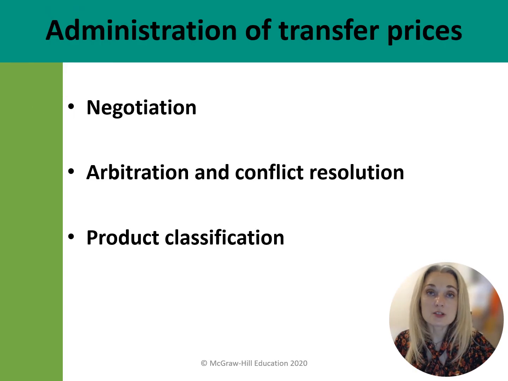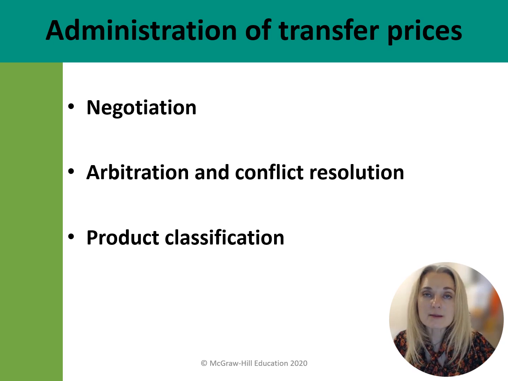When it comes to transfer pricing, there are administrative issues that all management should consider. Negotiation, and the negotiation power of the parties that are setting the transfer price. You have to make sure that they have even power so one party doesn't exert too much control or dictate an unfair transfer price.